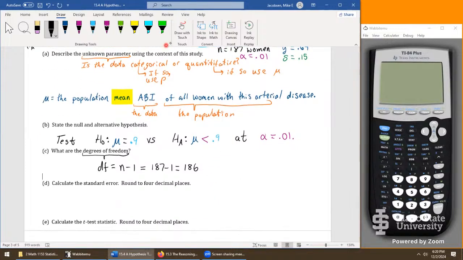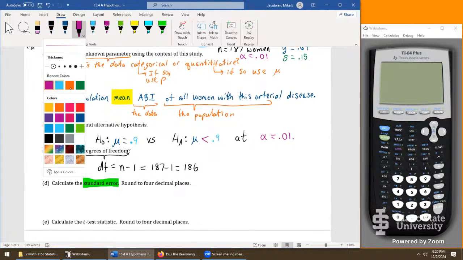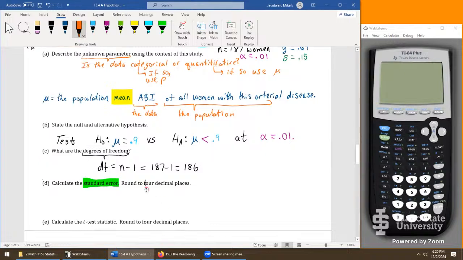I think this is a good place to use a little bit more color coding. There are two kinds of standard error, so this is kind of a review question all on its own. Just in case it's a different problem, think in these terms. There are two things that can happen.